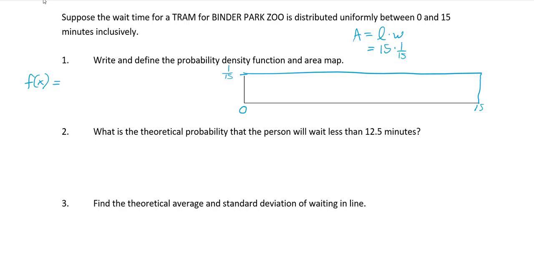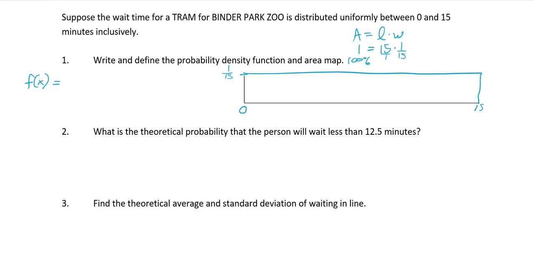If you multiply fractions, top times top, bottom times bottom, and this bottom is 15 over 1, you get 15 over 15, and 15/15 is 1. So the area of this rectangle is 1, or 100% of the possibilities, probabilities.